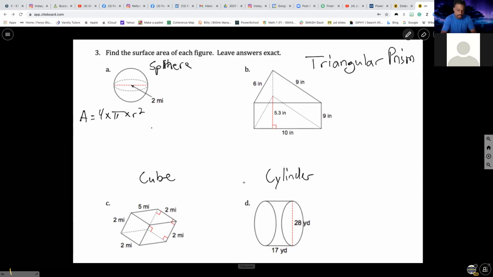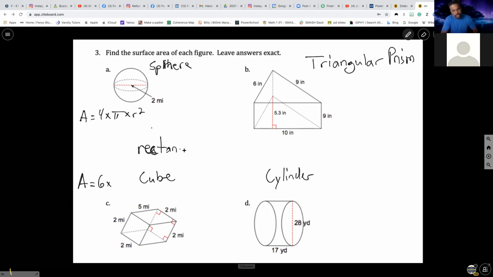Surface area of a cube is A for area, 6 times, well, I think that's not a cube. This is a rectangular prism. Right, so this is actually a rectangular prism because a cube is a square in 3 dimensions, but that's a rectangle because it's longer.